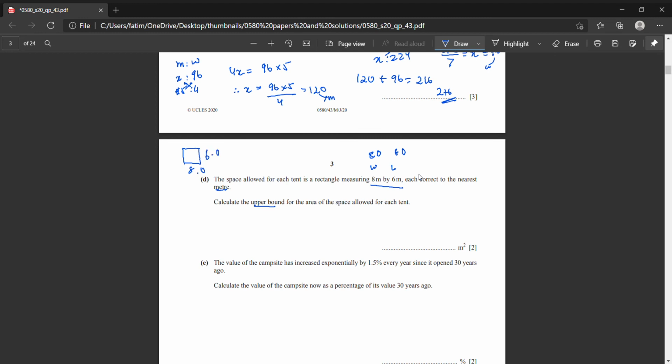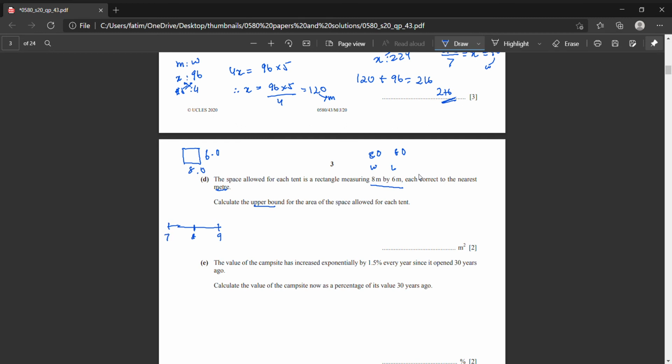Now, the way upper bound and lower bound works is that an upper bound is the highest number which can be rounded down to give you the value you currently have. So what I'm saying is if we have a number line over here, and this is, let's say, 8, and then we have 9, and then we have 7 behind.